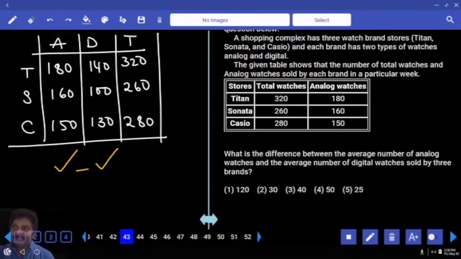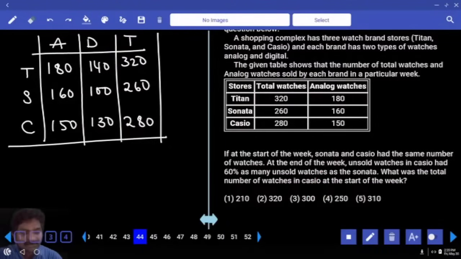Instead, I will take the individual difference and then go for the average at a shot. Can I do that? For Titan, the difference here is 40, 60, here difference, total, average, 40. Individual difference and then go for average.